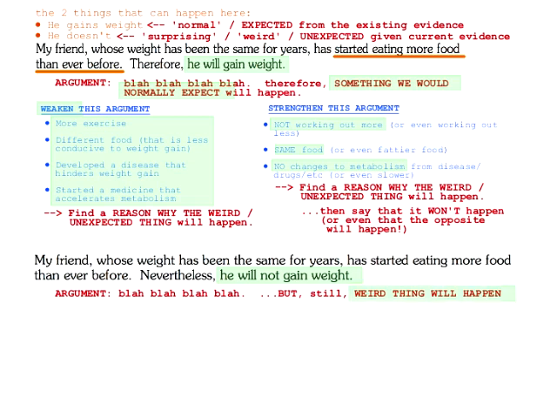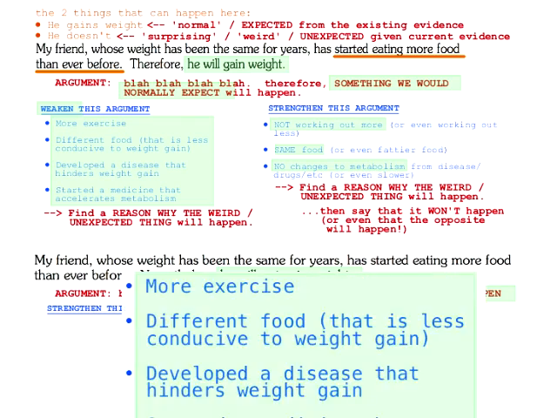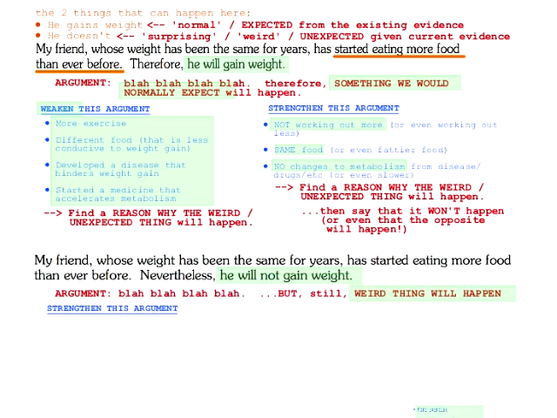Now if you want to strengthen that, you would do it by finding the same things that would weaken the argument upstairs, and you would raise them as issues.